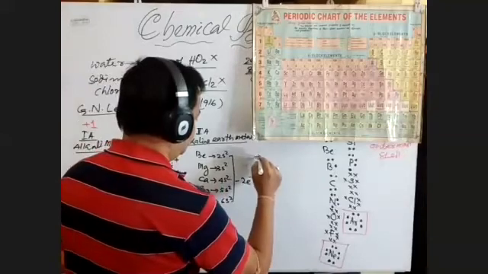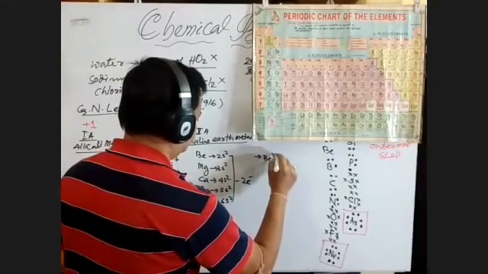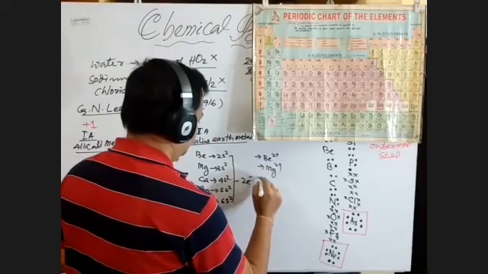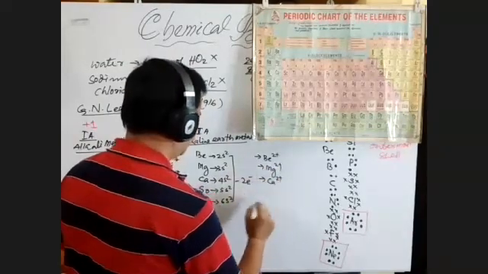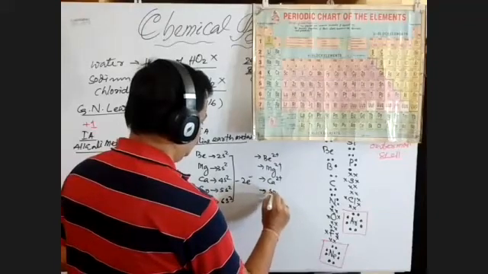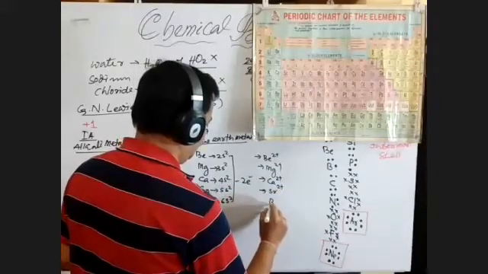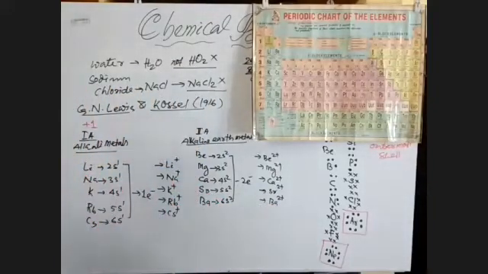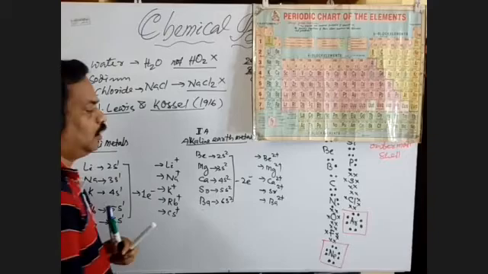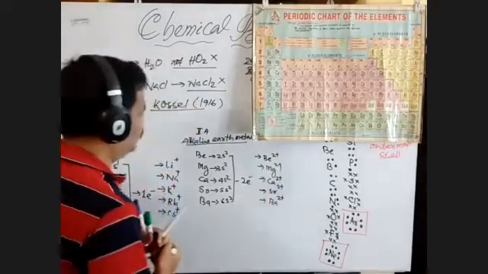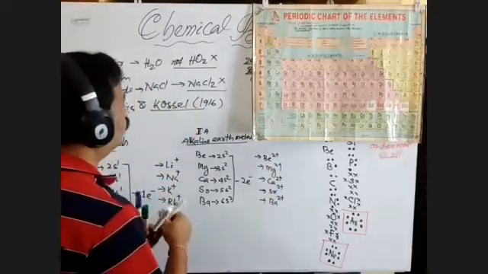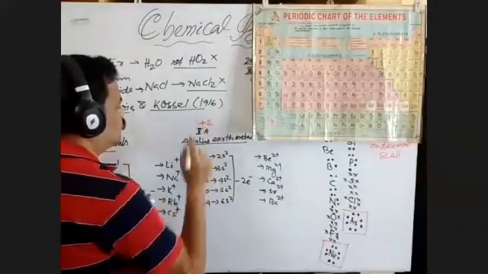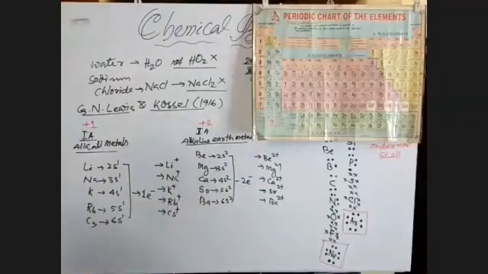Now Be2+, next Mg2+, next Ca2+, next strontium 2+, barium 2+. So they form plus 2 ions, or dipositive ions. That's why group 2A has a group valency of plus 2.